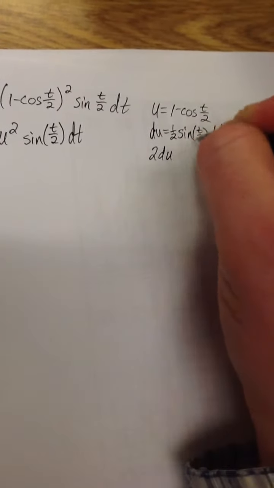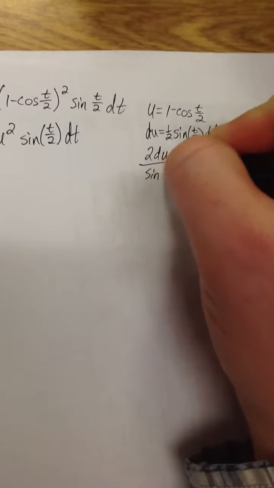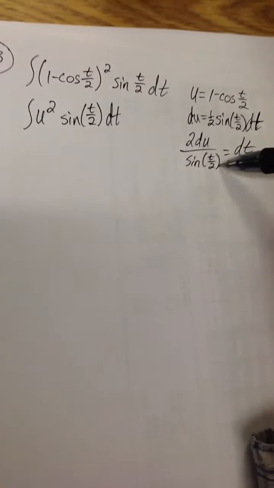So there's du. Now we'll solve. Oops, forgot the dt. So solving for dt, multiply both sides by 2. So I'll have 2 du over the sine of t over 2 equals dt. Plugging that in for dt, I can see that if I multiply this by this, the sines of t over 2 are going to go away, so it'll just be 2 du.